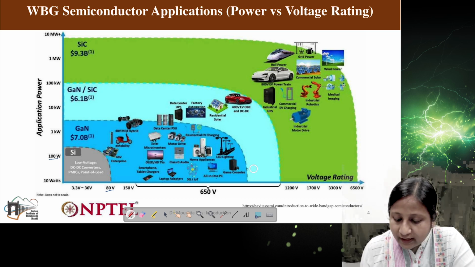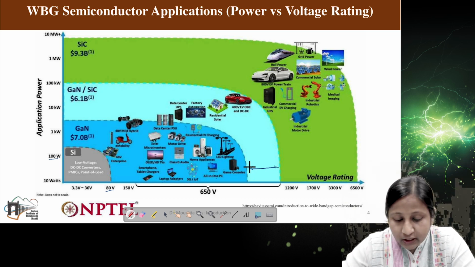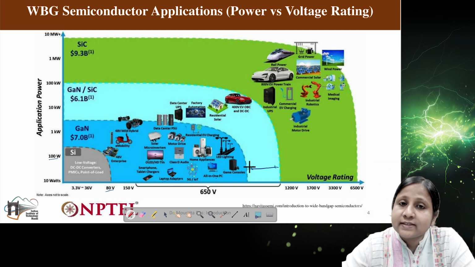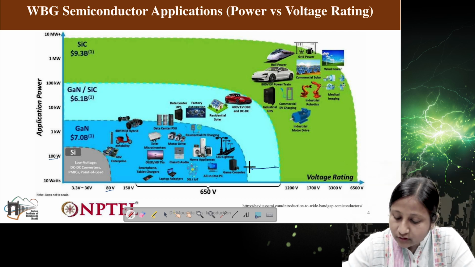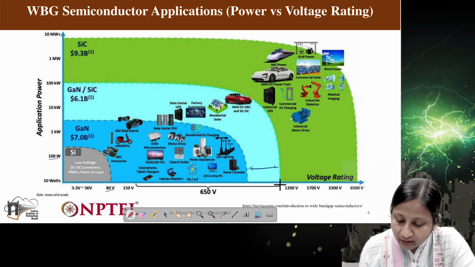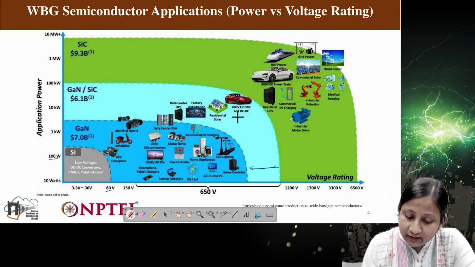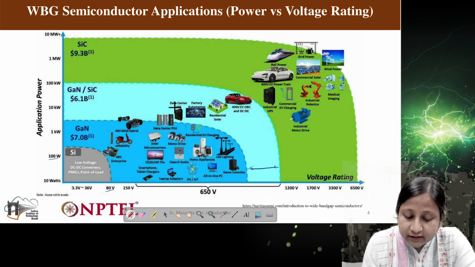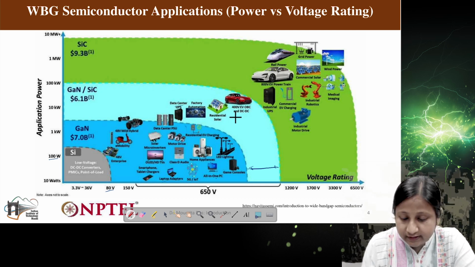There is also an overlapping region where both GaN and silicon carbide will be suitable. The voltage level there will be from 650 to 1200 volts, and the applications mainly are data center UPS, residential solar, and electric vehicles.